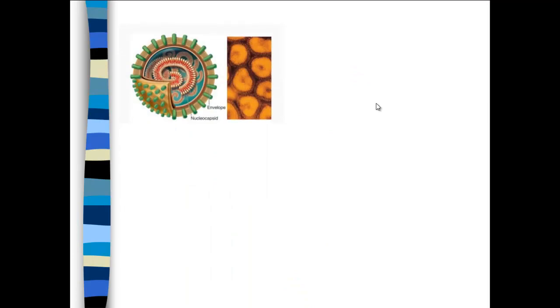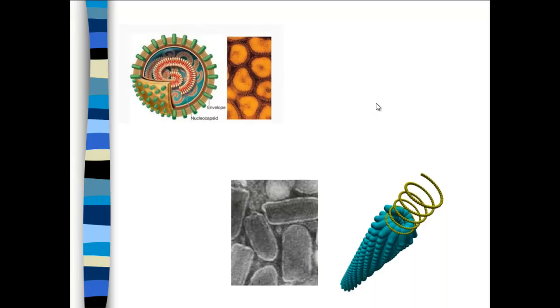Here's an enveloped virus, and you see that there is a capsid on the inside that's protecting the helical structure of the DNA, and then an envelope on the outside. Here's a helical virus, and the helical virus is just a capsid made out of capsomers. The enveloped virus has a helix in it, and the helical virus obviously does not have an envelope, but it is forming a helical structure that just basically looks like a cylinder.